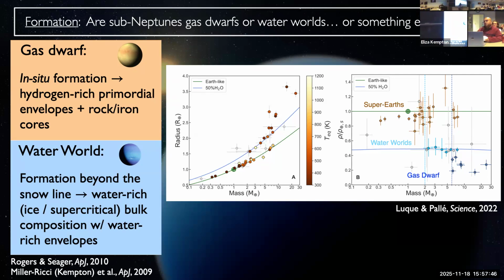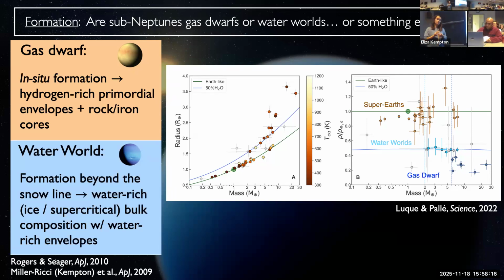And this composition line, this density, is specifically for a planet that is 50% water, 50% rock and iron with Earth-like ratios of rock and iron. So that's their classic water world, half water, half rock iron. And then these guys are the so-called gas dwarf planets with the rock iron interiors and the hydrogen helium atmospheres. It's unclear whether this really holds up.